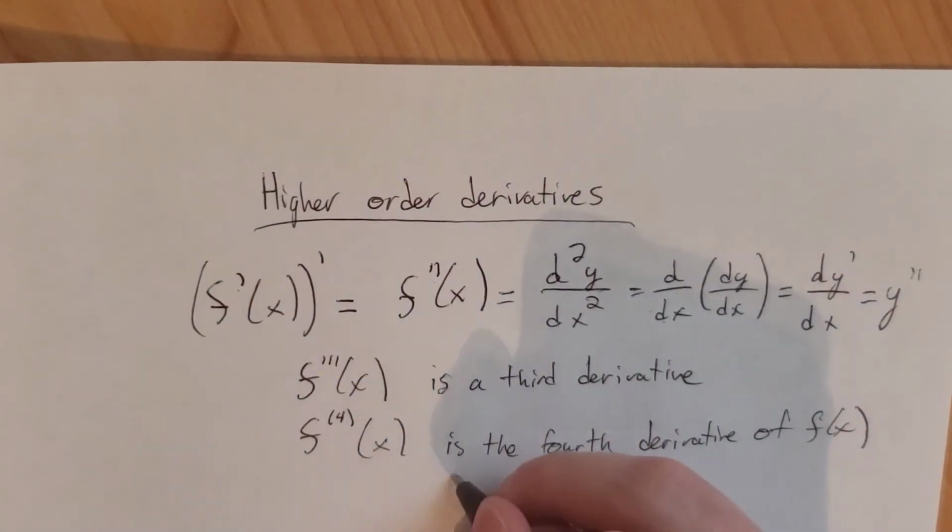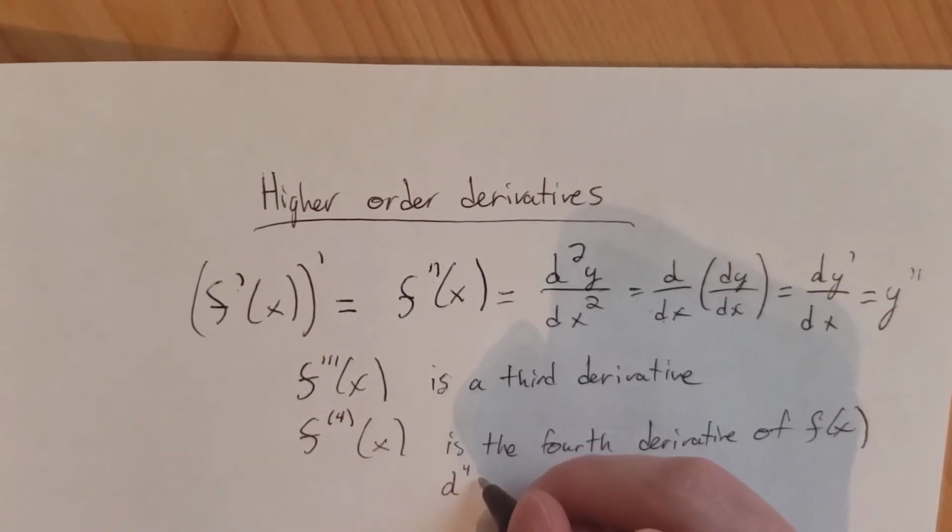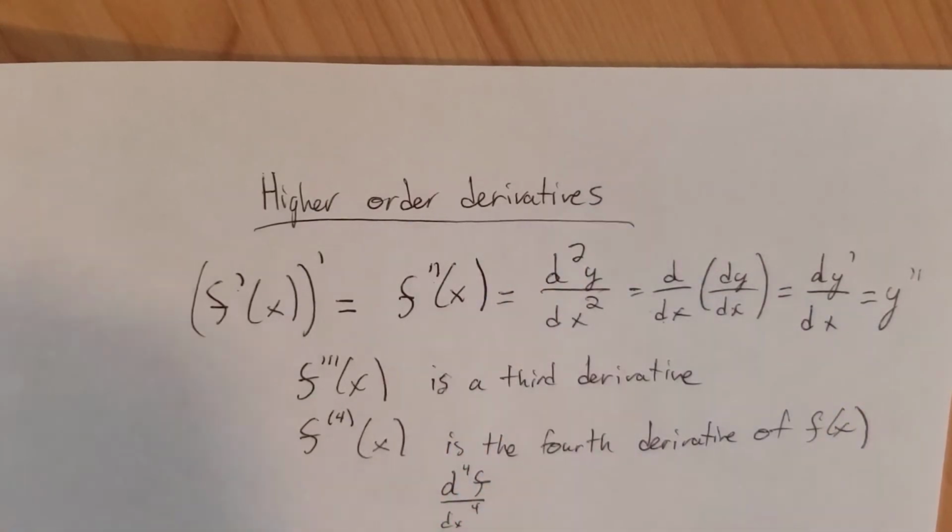You may also see d to the fourth of f dx to the fourth. So again, this is similar notation. And of course, with a 3 here, that would be equivalent notation for the third derivative.